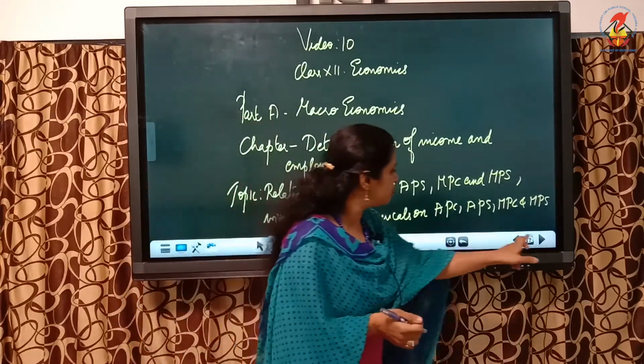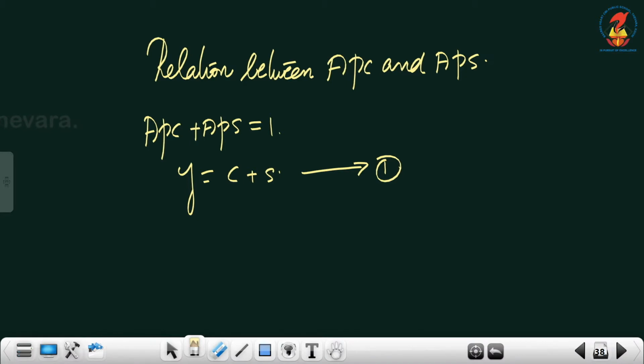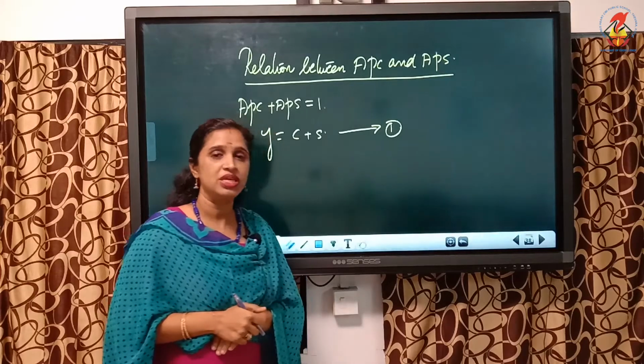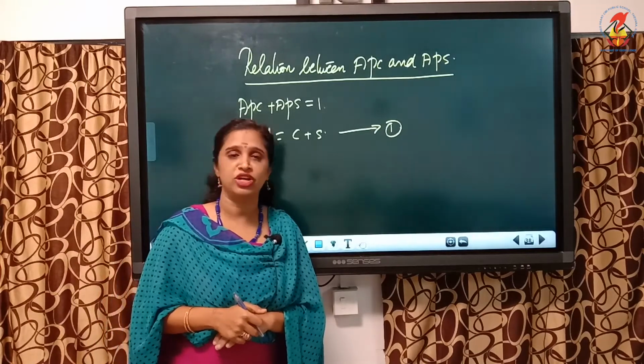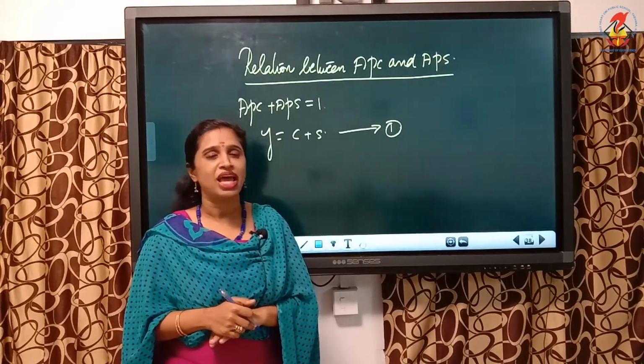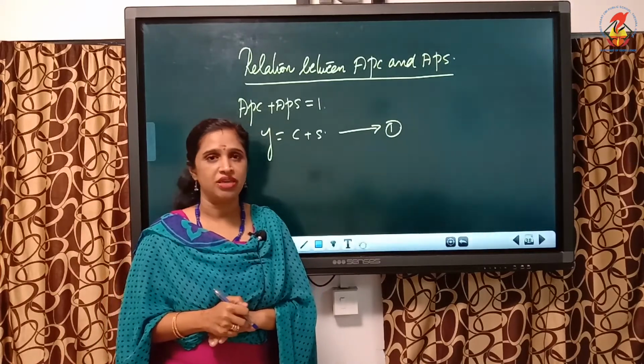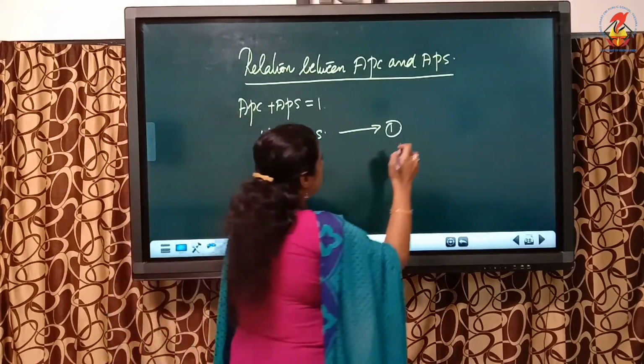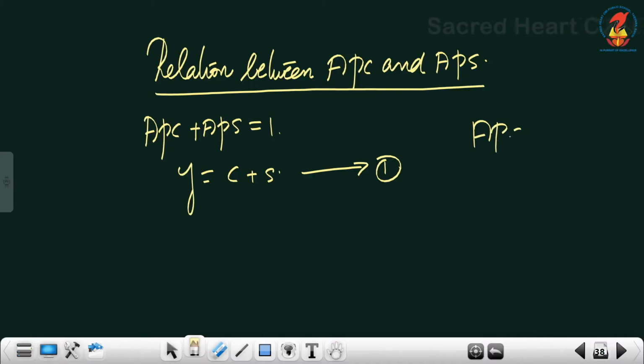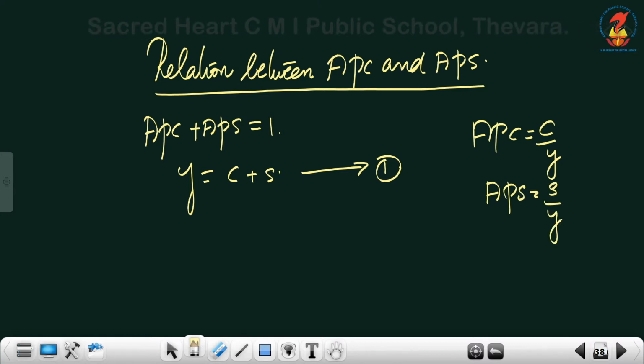Now let us first begin with the relationship between APC and APS. What is APC? Average propensity to consume. And what is APS? Average propensity to save. And you know the formula of APC and APS. You have learned it. APC is equal to C by Y, the ratio of consumption to income. And APS is S by Y, that is the ratio of saving to income.